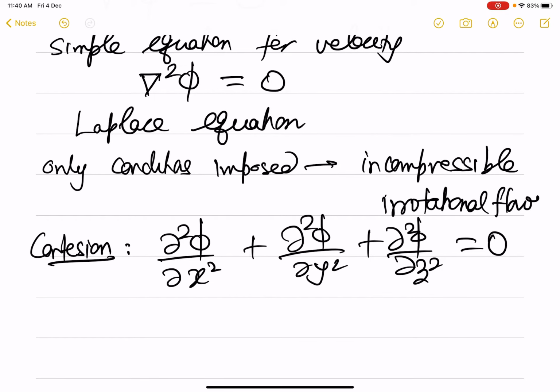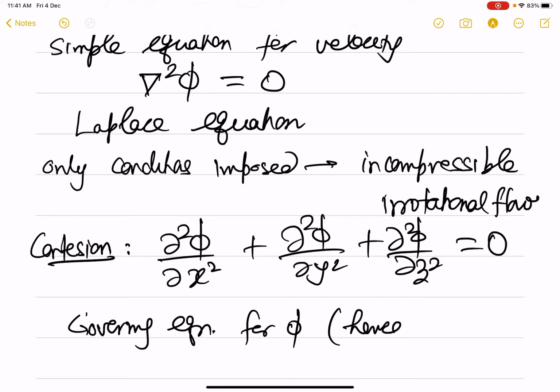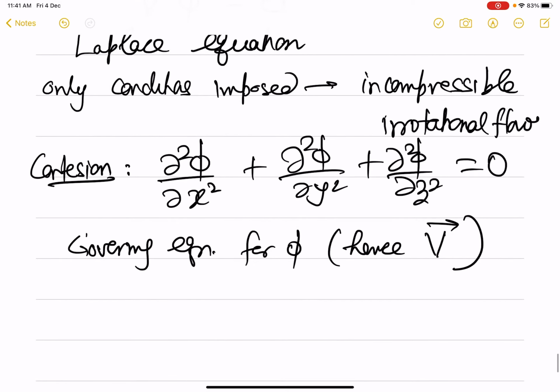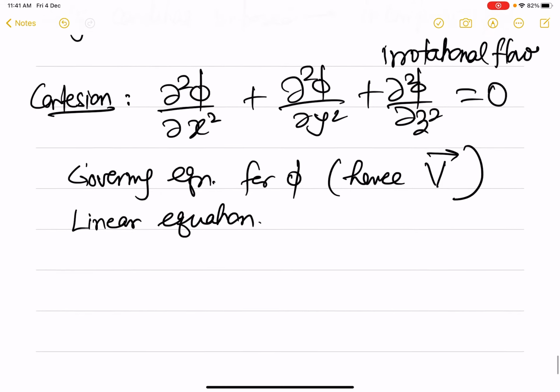And this is the governing equation for phi, and hence the governing equation for V. And you realize this is a linear equation. Del square phi is equal to 0 is Laplace's equation, a very well known equation, and this is a linear equation.